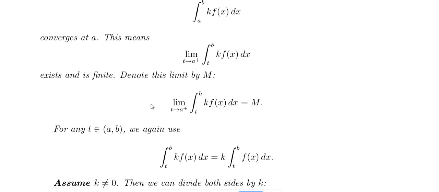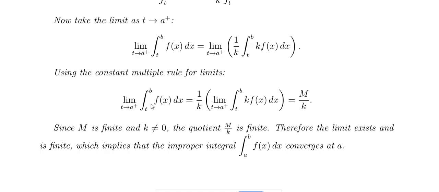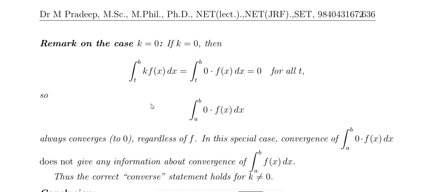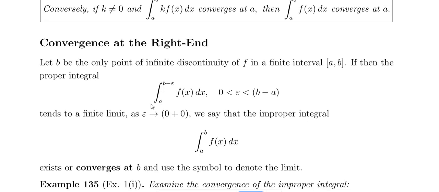That is, it becomes 1 by k times the limit. And for k equal to 0, the integral value is 0. So that is the idea.